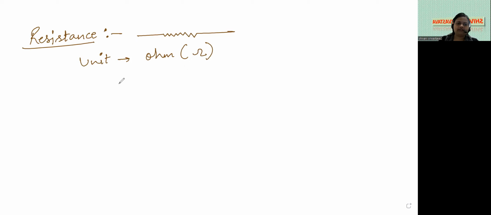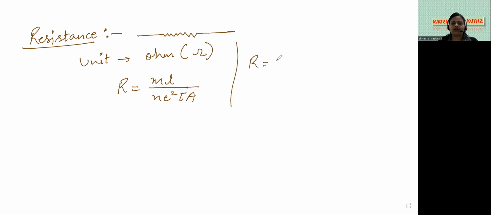Now, again I'm writing the formula of R. R is equal to m times L upon n e square tau A. Now, you remember the formula which we wrote in the 10th class: R is equal to rho L upon A. If we compare these two equations, what do we get?